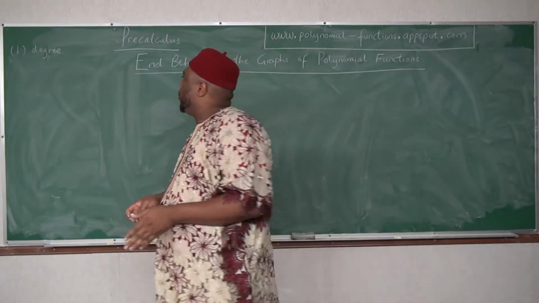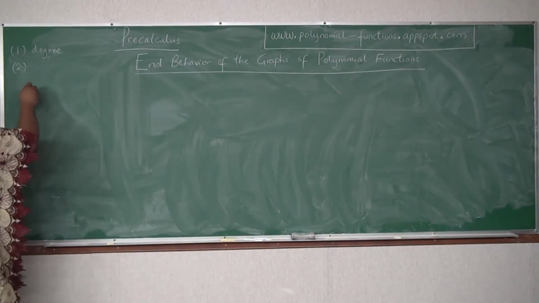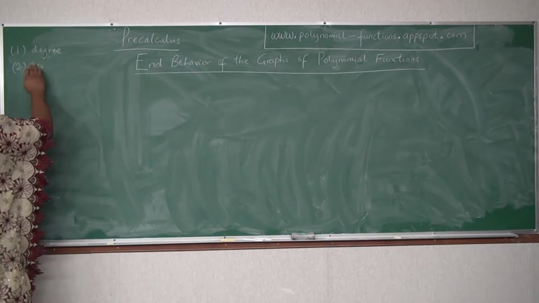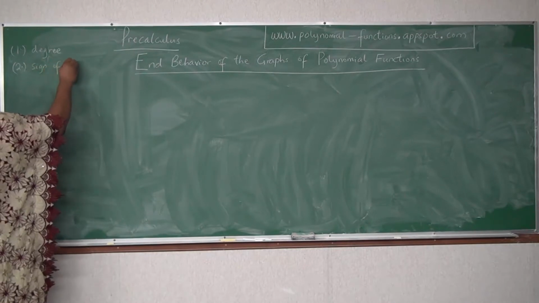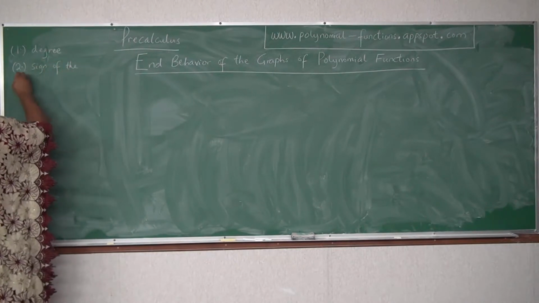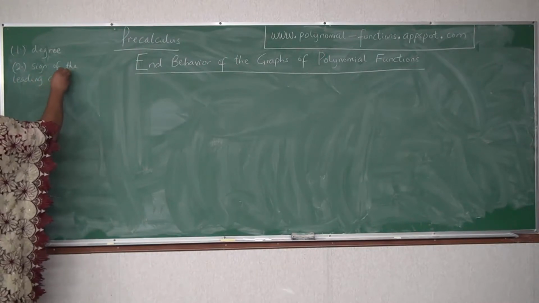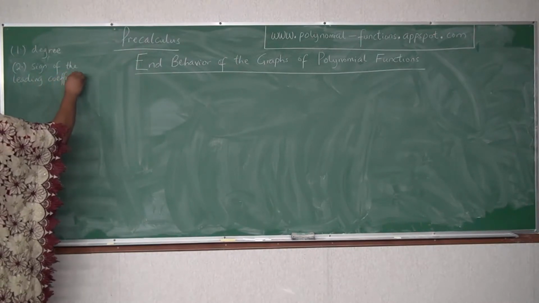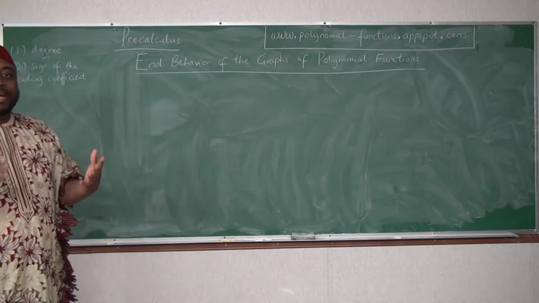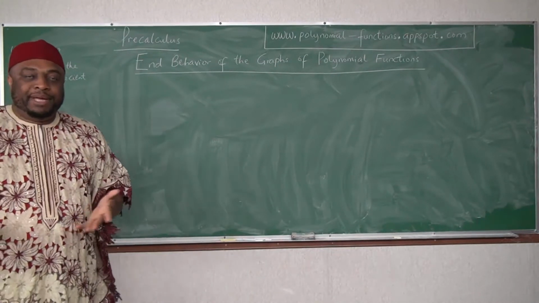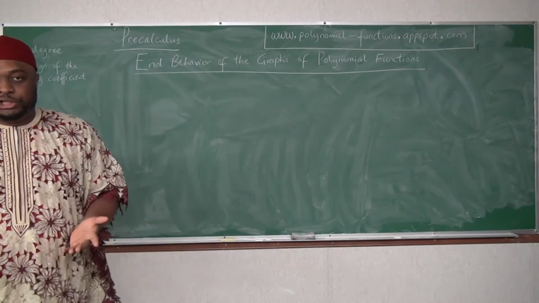So you need to find the degree and the sign of the leading coefficient. These are two things you need to know in order to determine the end behavior of the graph of any polynomial function.